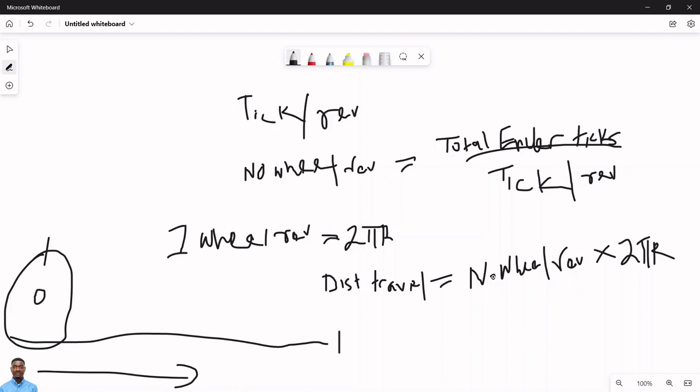So the number of revolutions, we know it is this. So we can just substitute that into this equation.